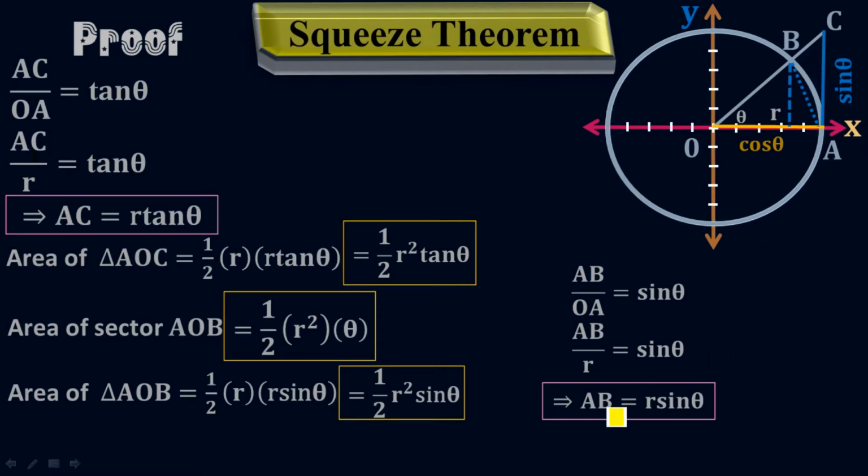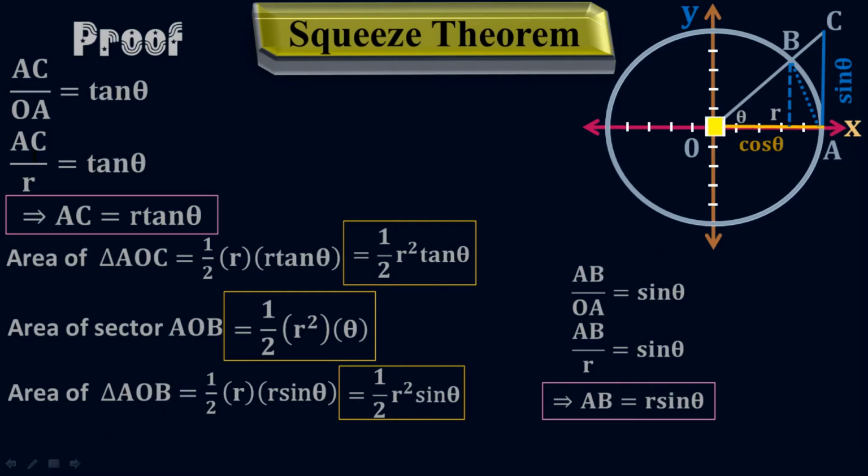The value of AB we just derived is r sine theta, so I directly plugged r sine theta for AB. We got it from AB over OA equals sine theta. OA is R, so plugging R for OA and multiplying both sides by R, you have AB equals r sine theta. R times R will be R square. So this is the area of the triangle AOB.